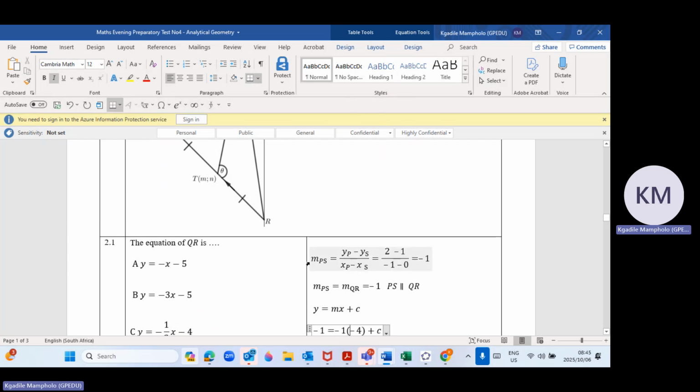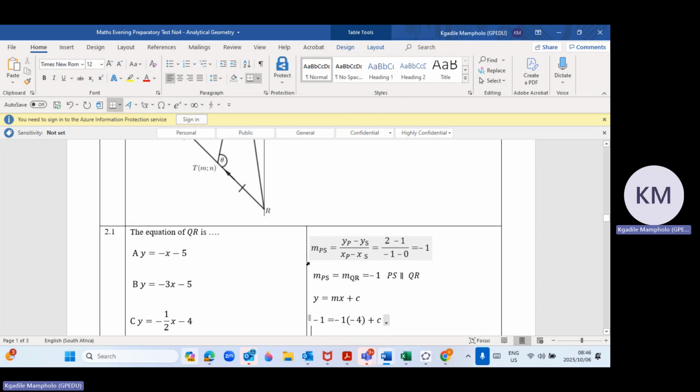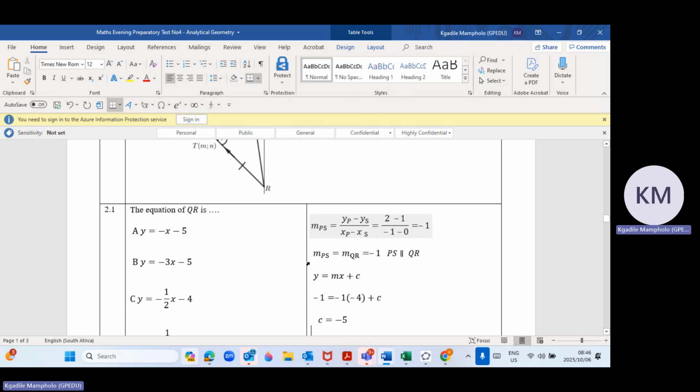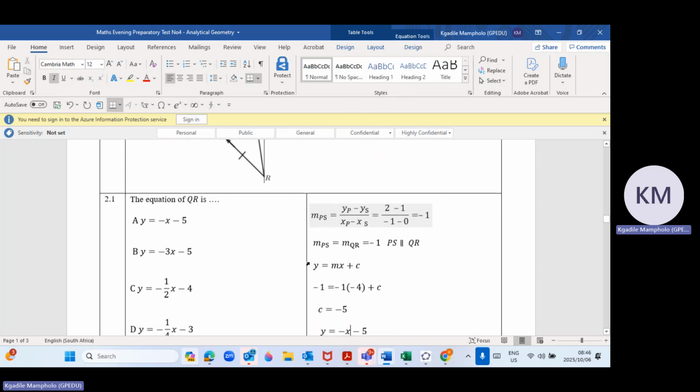QR didn't have enough information, but looking at the property that if lines are parallel, gradients are equal, QR is parallel to PS and PS has enough information, so I use PS to get the gradient. Therefore, the gradients are equal. The gradient of PS is -1, so the gradient of QR is also -1.